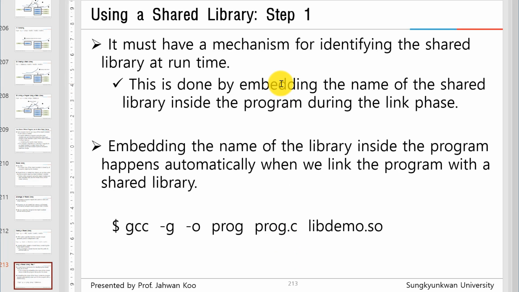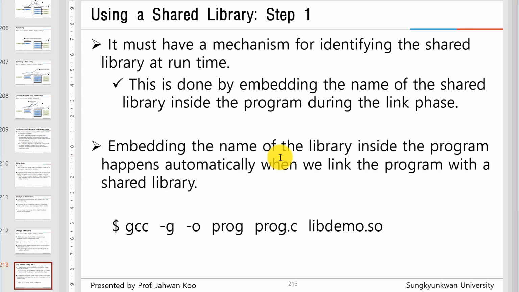In order to use a shared library, we have to perform 2 additional steps. Step 1: there must be a mechanism for identifying the shared library at runtime. This is done by embedding the name of the shared library inside the program during the link phase.